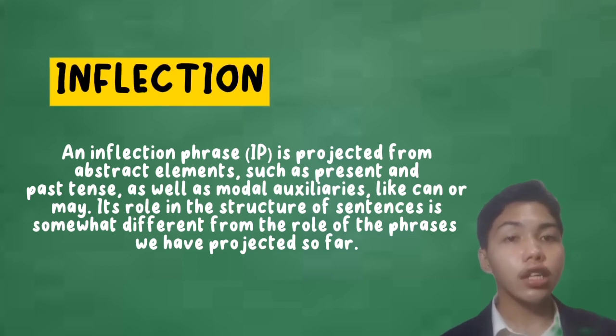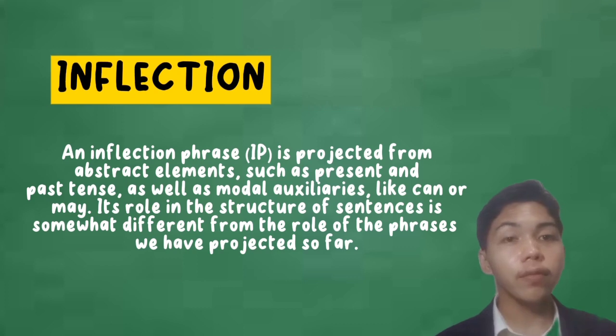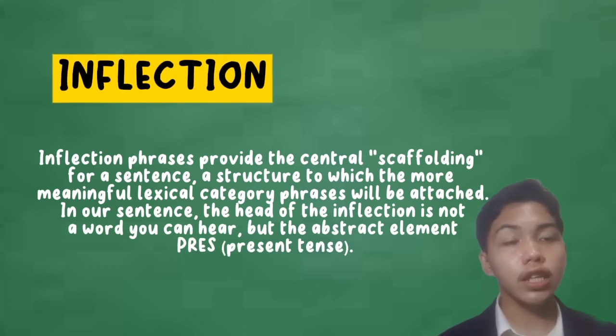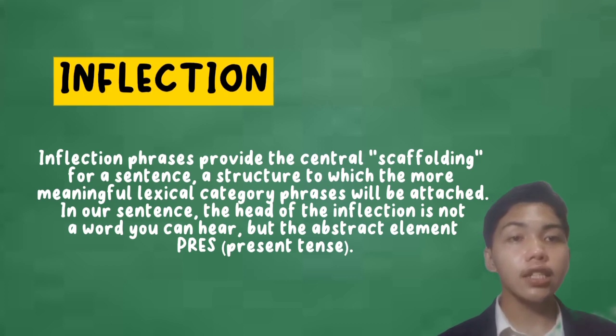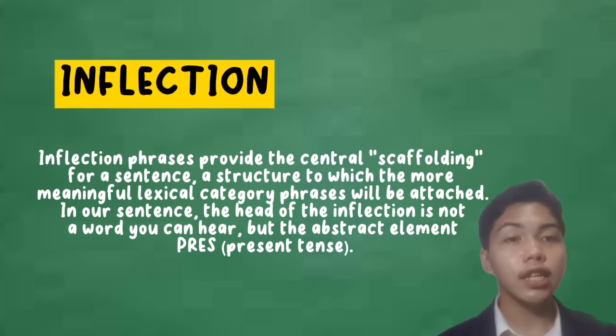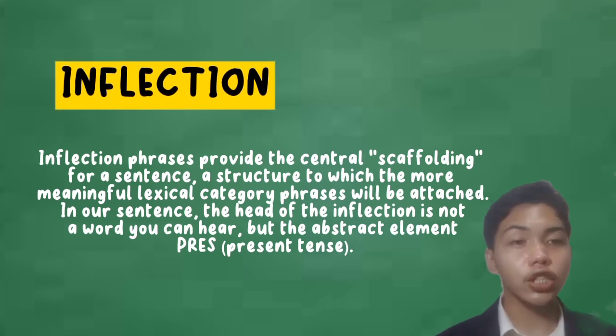Its role in the structure of sentences is somewhat different from the role of the phrases we have projected so far. Inflection phrases provide the central scaffolding for a sentence, a structure to which the more meaningful lexical category phrases will be attached.